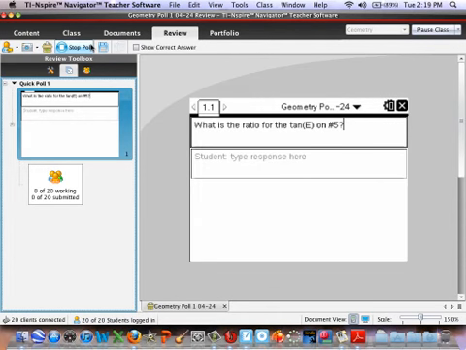How do you do the fractions? You can do control division. He's going to come meet with me in the morning. Go all the way to the top. See where it says quick poll?